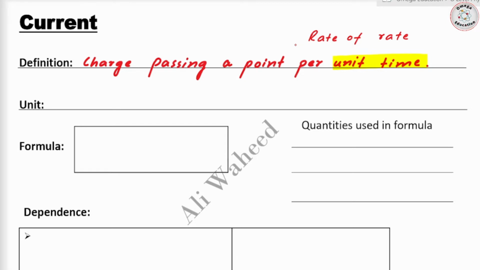Rate of change would automatically imply with respect to time, generally. Technically, the rate can be with respect to anything. It can be with respect to force, it can be with respect to energy, but for the most part in physics we assume that when we use the words rate of change, it is with respect to time.